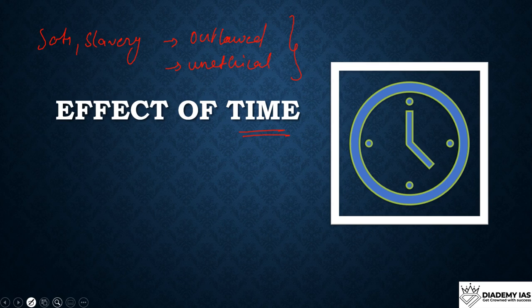I'm just explaining the time effect. The more society matures, the more democratic they become. Usually more freedom comes, more rights come. So this leads to some form of ethical society.